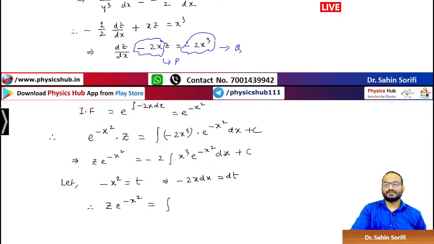X cube dx, you can write it as x square e to the power minus x square into x dx.